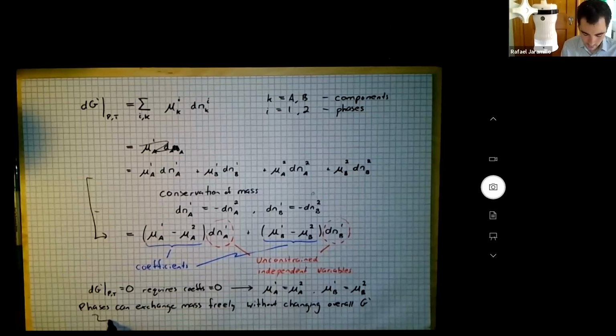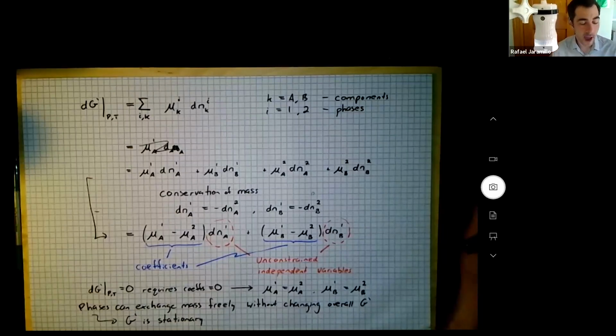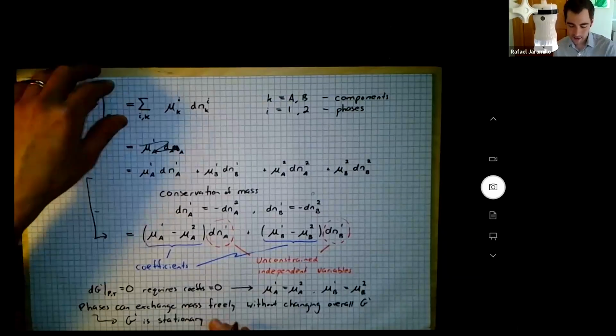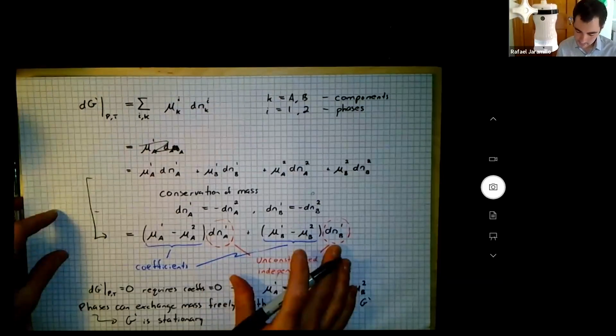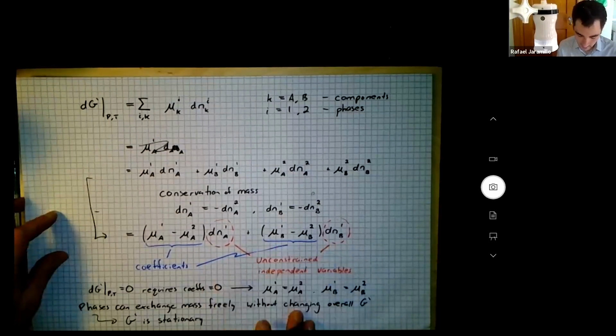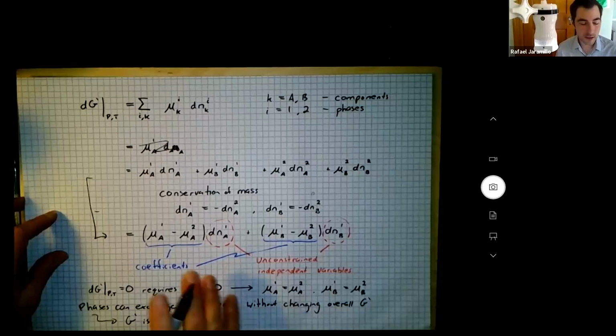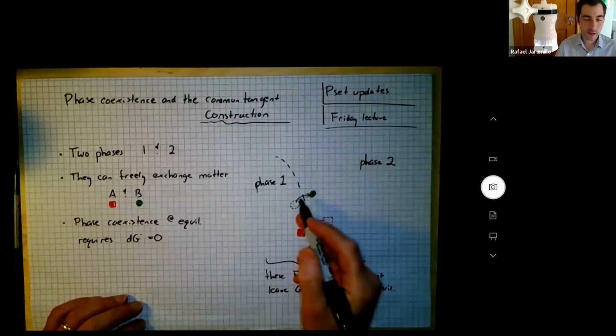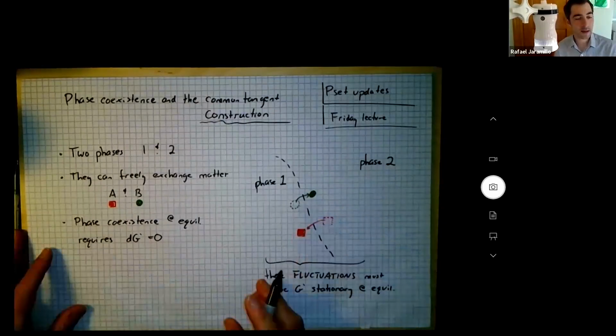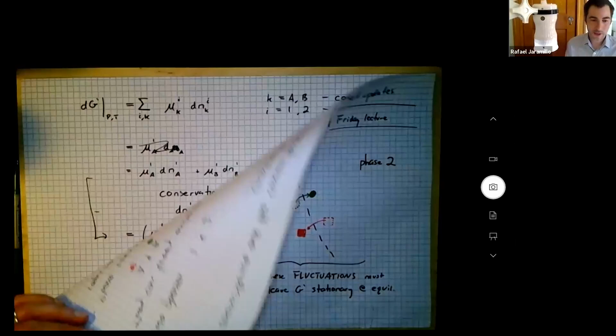Or in other words, Gibbs free energy is stationary. So the math is the same. There's a lot of pattern recognition that kicks in this class. The math is the same formally as we've seen before. We're just exploring different cases of this. So these particles can move back and forth, they can change their phase, but their chemical potential will remain unchanged, so the overall Gibbs free energy will remain unchanged.